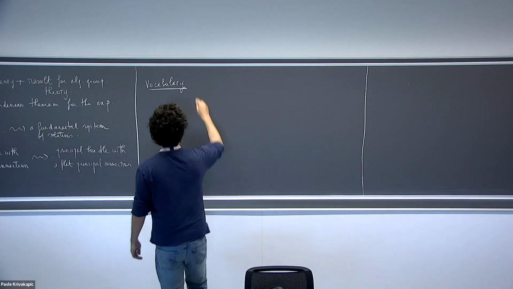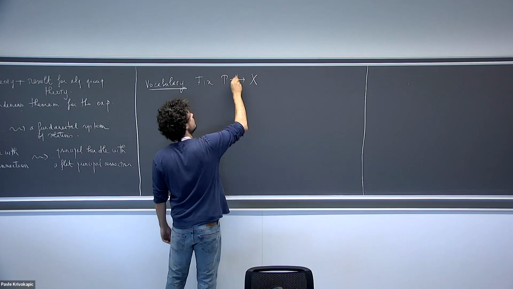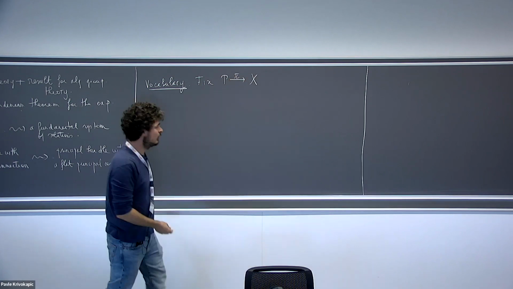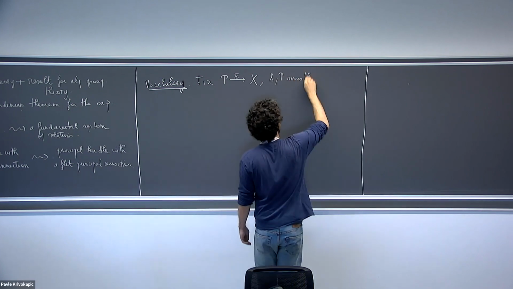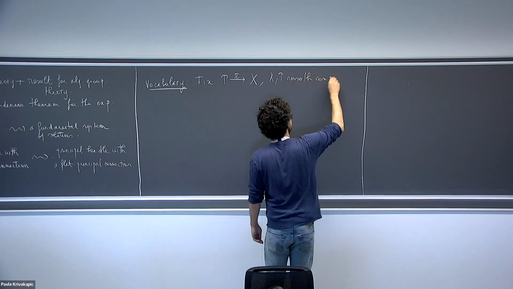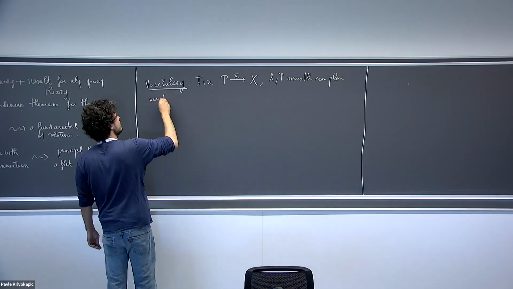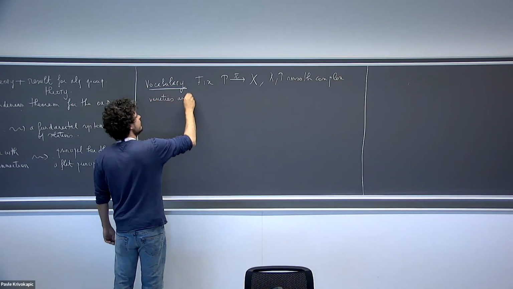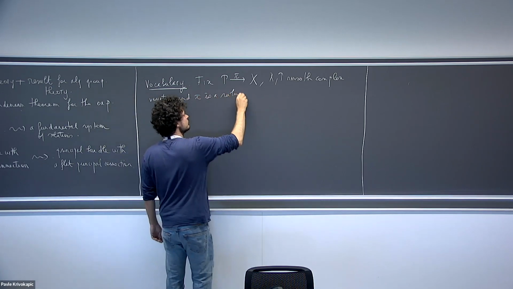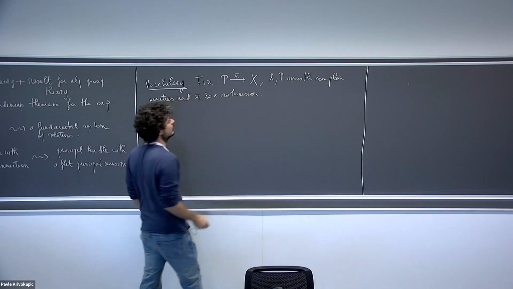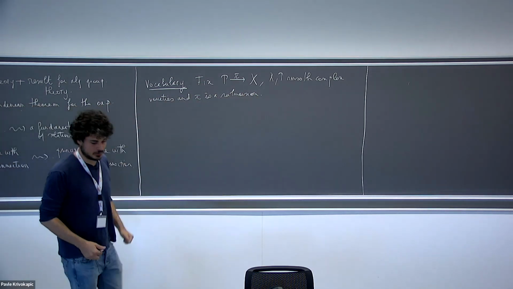So first, we fix a map from P to X, where X and P are smooth complex varieties, and π is a submersion. For the moment, I have no D structure; the action of G on P will come later.